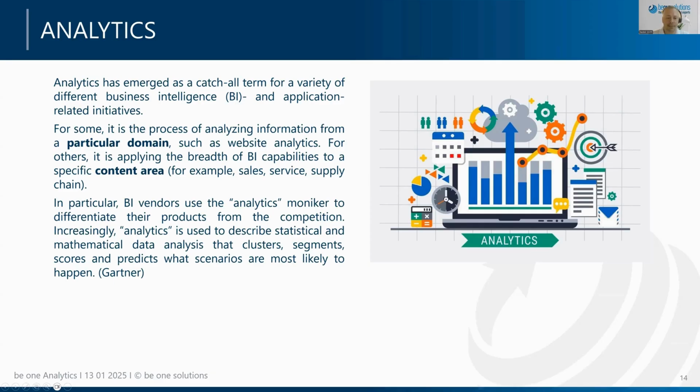In particular, BI vendors, when they use the word analytics, basically mean statistical and mathematical data that analyzes clusters, segments, scores, and predict what scenarios are most likely to happen. This is what Gartner says about it.